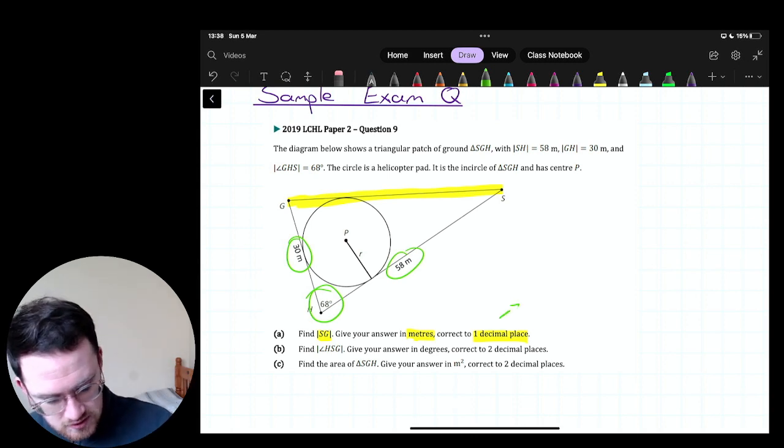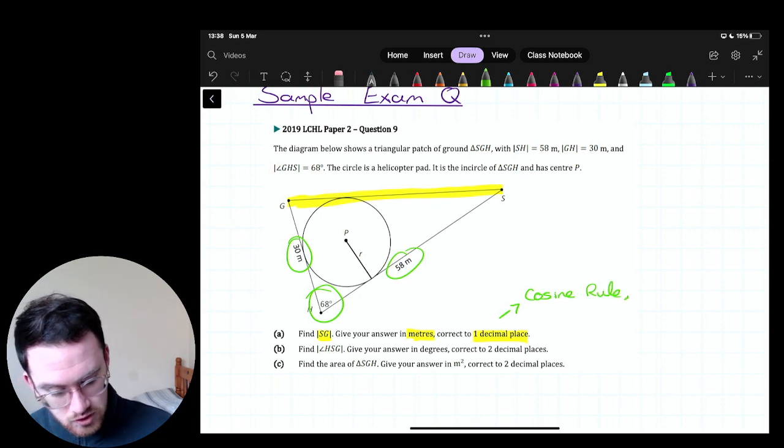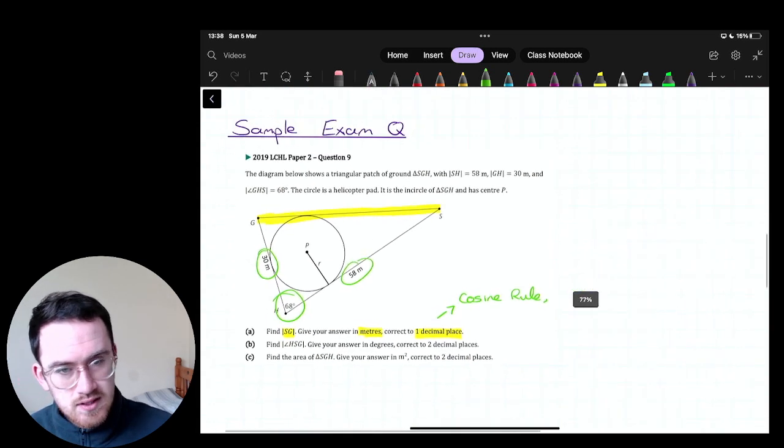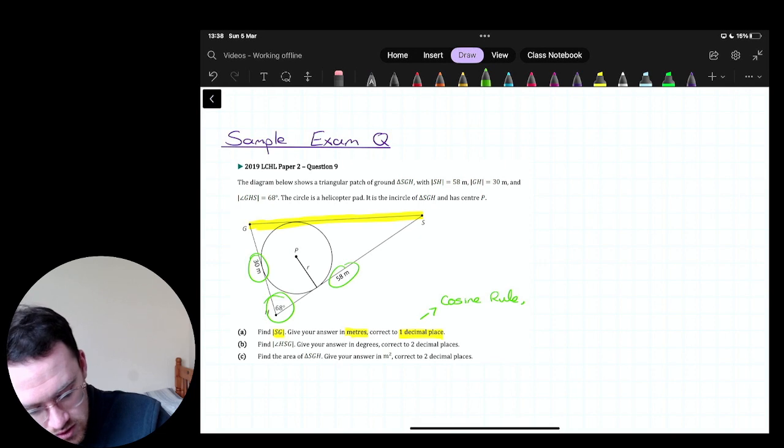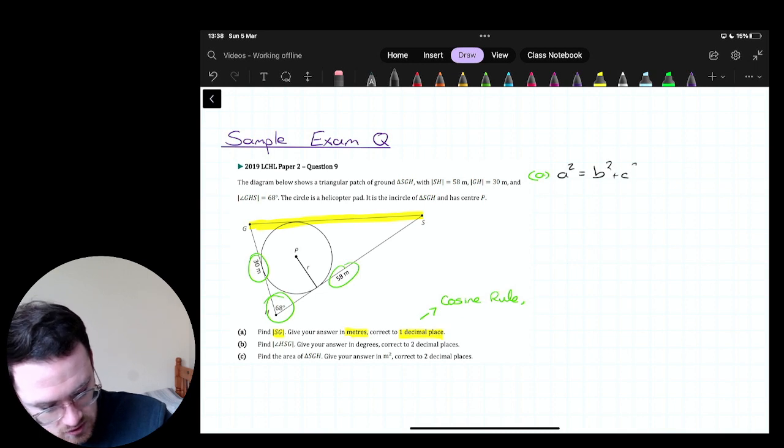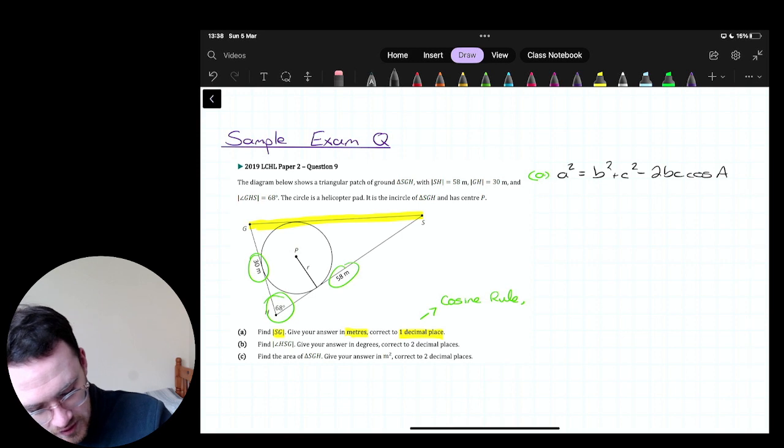So what that suggests to me is cosine rule. So that's what we're going to do. Maybe we'll do it to the side here. So starting with part A, I'm going to use my cosine rule. A squared, and I can look at my log tables, I don't need to know the rule off. Filling in what I have, I'm looking for A, so we can call that SG, because that's what I'm looking for.